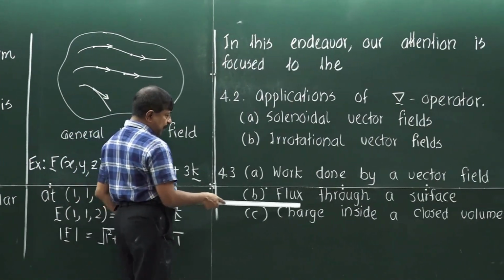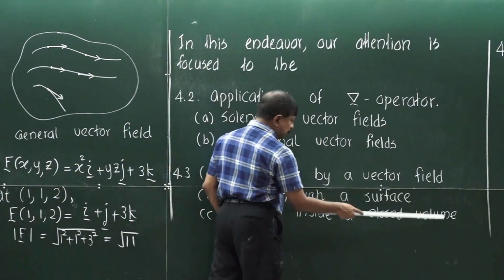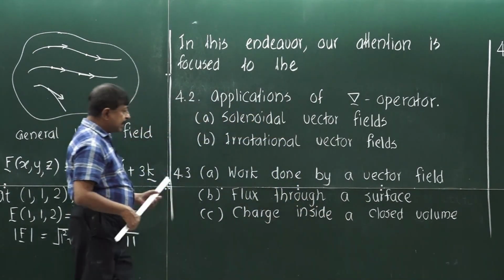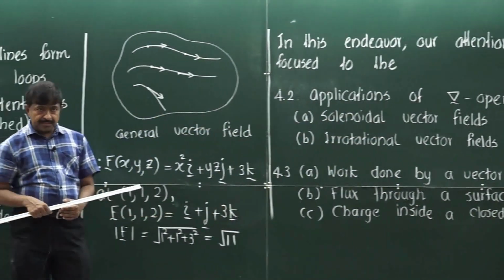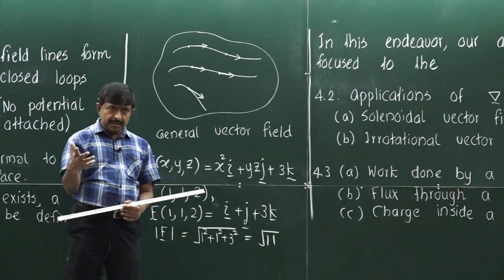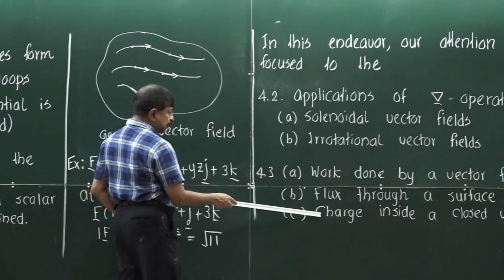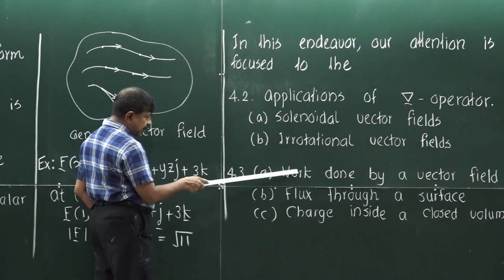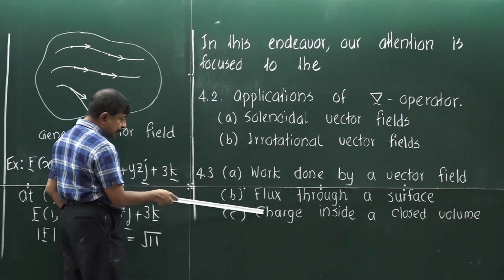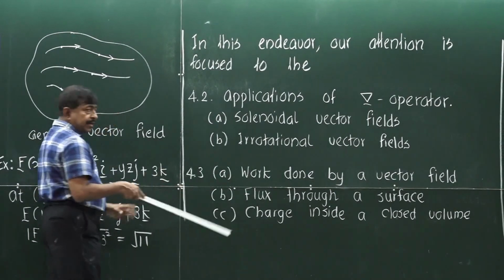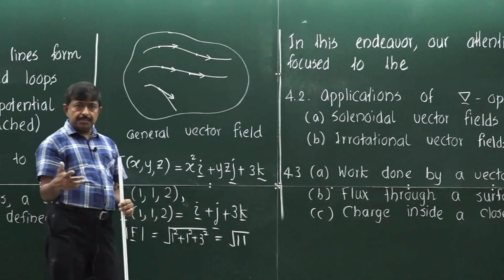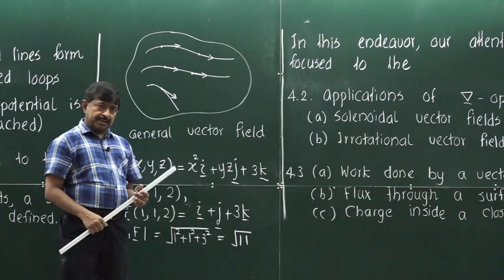When you want to find the charge inside a closed volume, you get a triple integral with three variables. Even though we call them line integral, surface integral, volume integral, the volume integral turns out to be simply a triple integral.